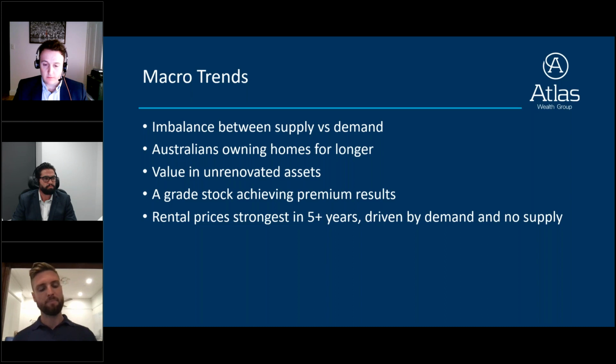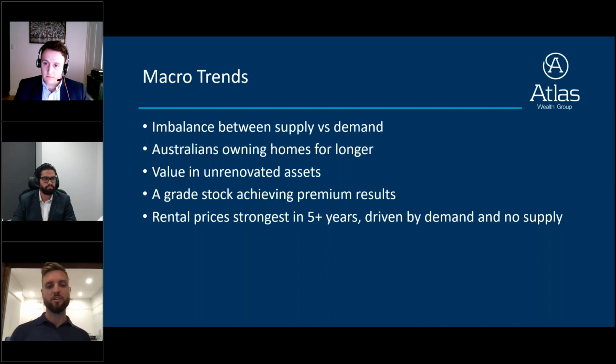One of the big impacts driving the lack of supply is that the building pipeline is very slim. Everyone's probably been hearing about the increased cost of building, which has put a dampener on people building new dwellings, and planning in Australia makes it very challenging to get things approved quickly.